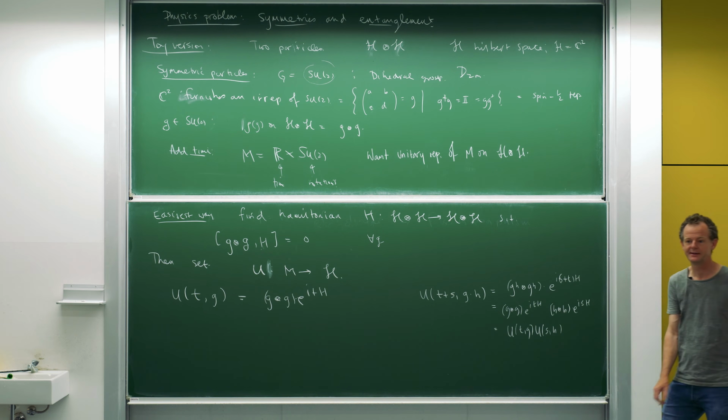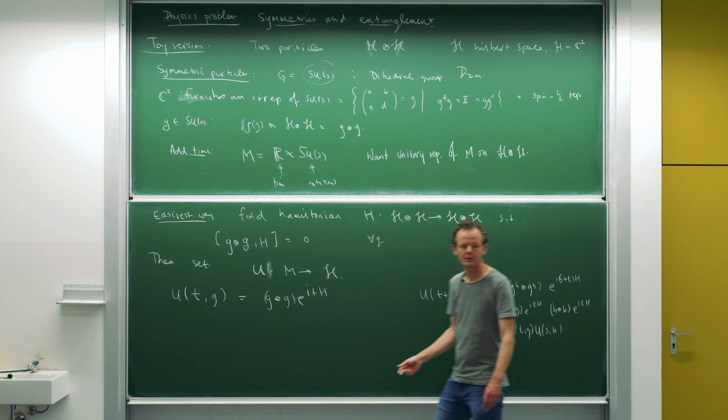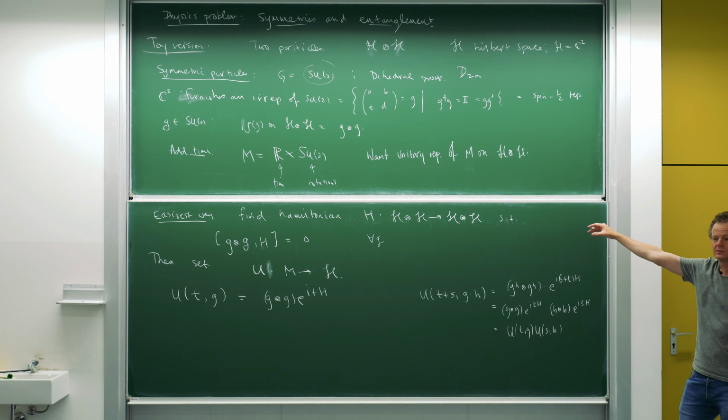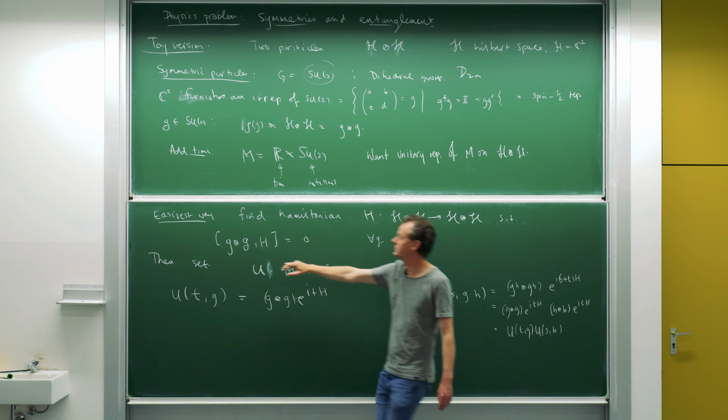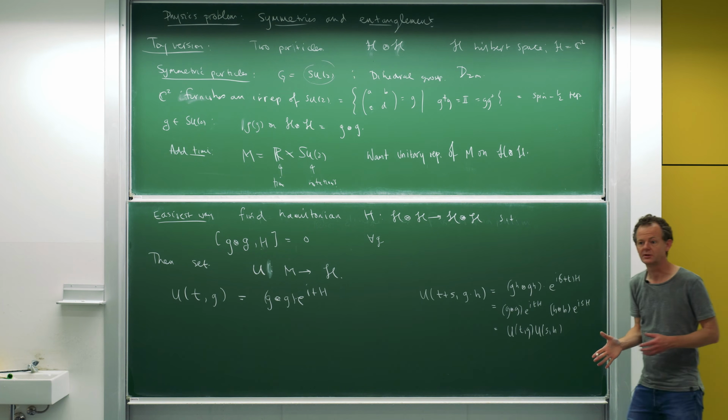There you go. So this unitary matrix here is a unitary representation of M. So as long as you can find a Hamiltonian that commutes with all your rotations here, then you're golden and you have a unitary representation.